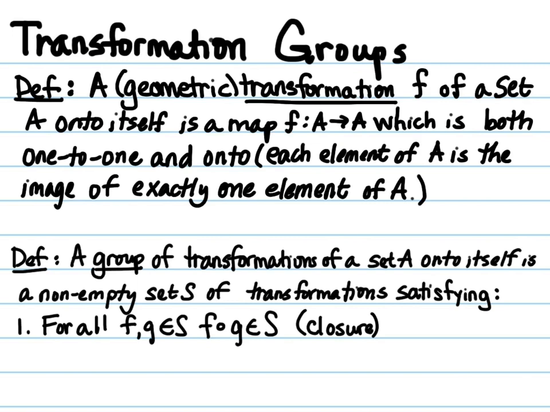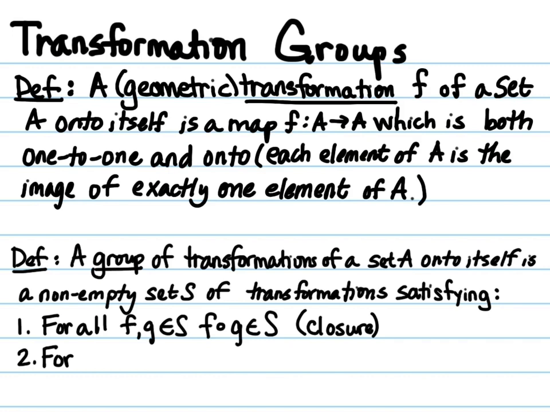We talk about the fact that when we take two whole numbers and we add them together, we get another whole number. You take two whole numbers and you multiply them, you get another whole number. Those are closure properties. Closure doesn't happen all the time. It is a unique thing, because if you take two whole numbers and you subtract them, you may not get a whole number. So this is saying that if you do a transformation followed by another transformation, it should still be a transformation. Okay?